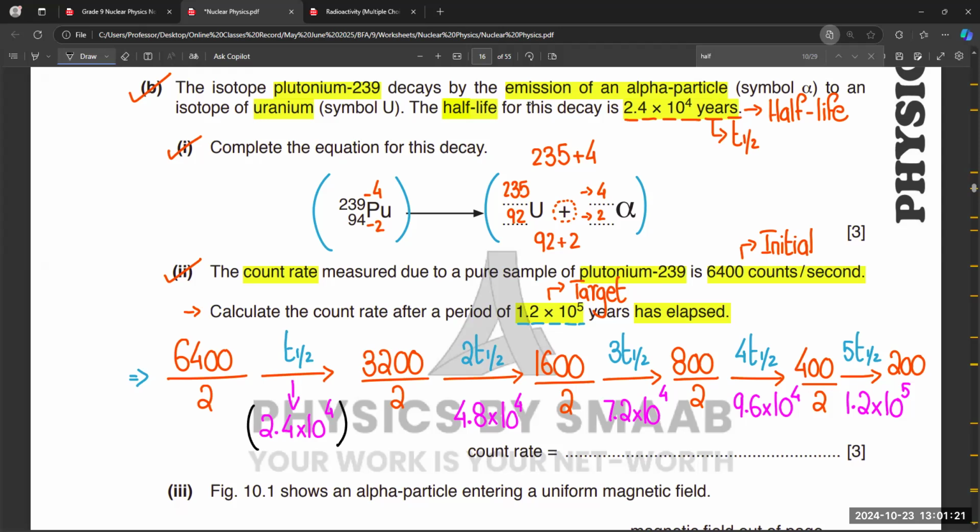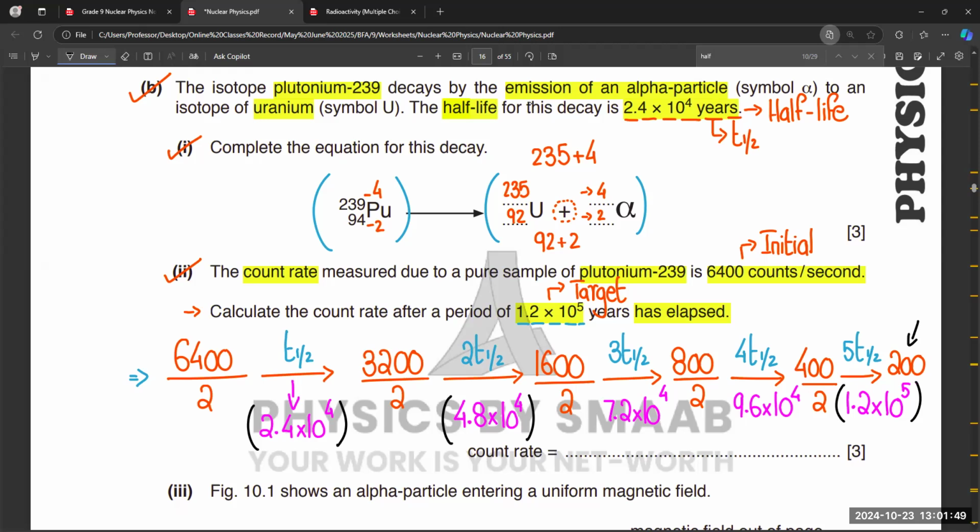Then 3200 decreases to 1600, and we need to add the same time. After 400, when we divide 400 by 2, we got 200, and we need to mention the time. So to 9.6 exponent 4, we need to add the half-life, and we got this value 1.2. What value do we add to find the half-life?